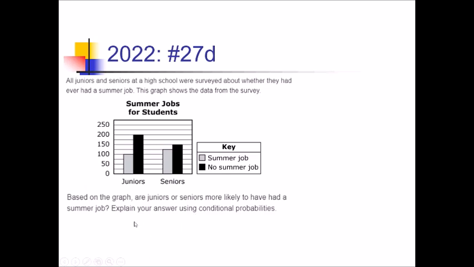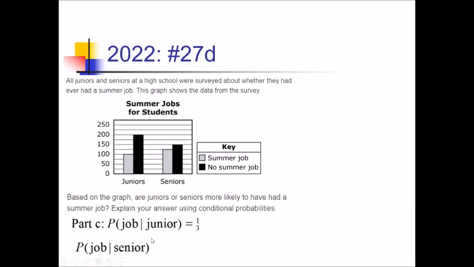So the first one we're doing is we're trying to figure out the probability that a student had a job given that they are a junior. That's the condition there. The condition is that they're a junior already. Now the good news is we already found this in part C. This was 1/3, 100 over 300. So now we actually just need to find the probability that a student had a job given that they are a senior.